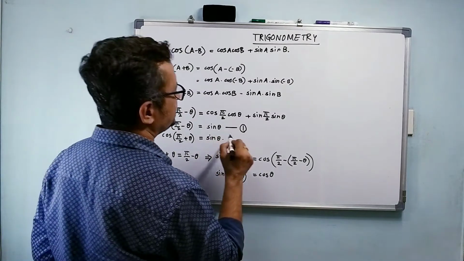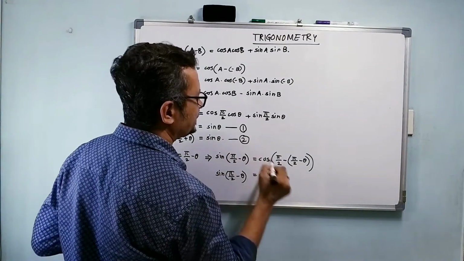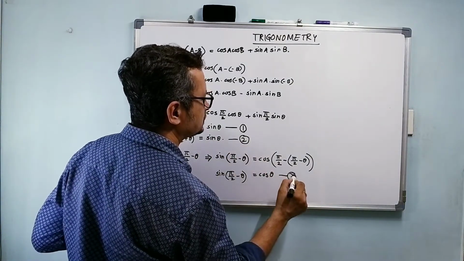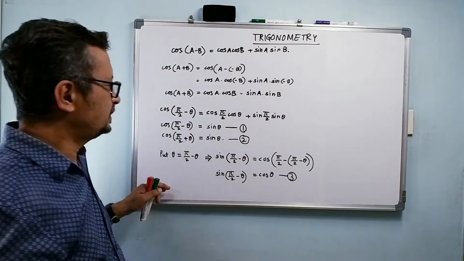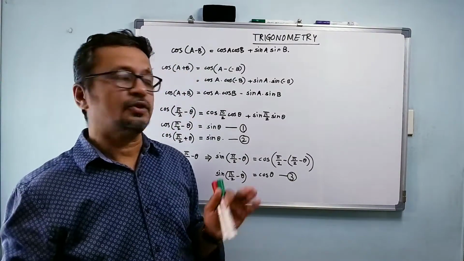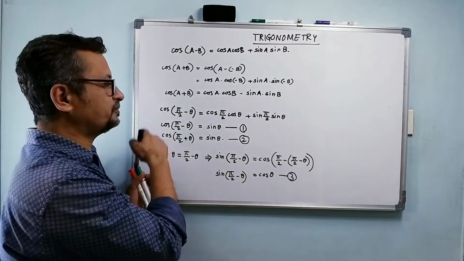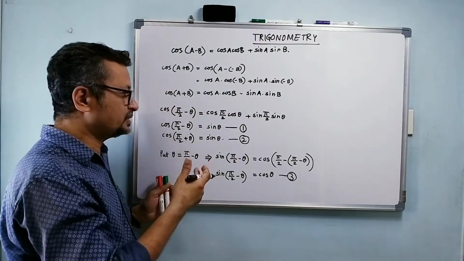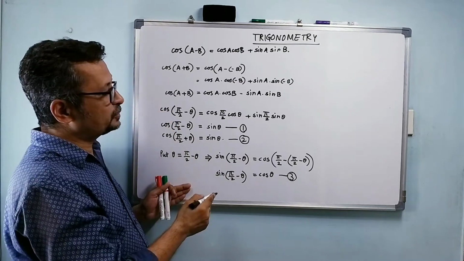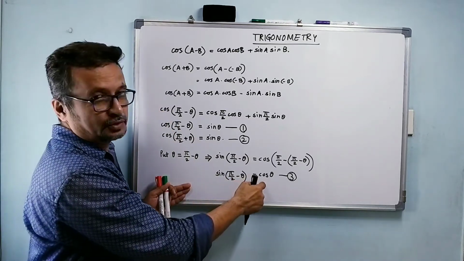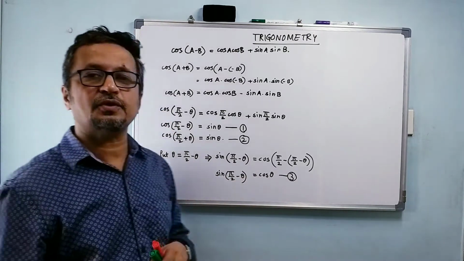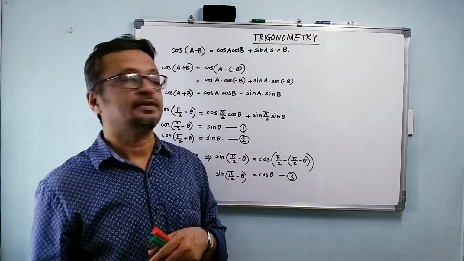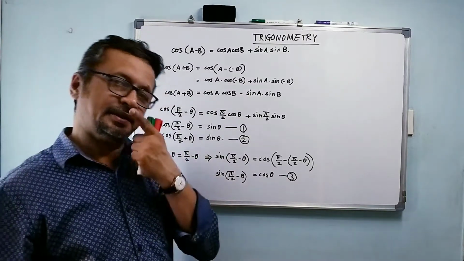So I have expressions 1, 2 and 3 here. These are some shortcuts that you might use. Cos of pi by 2 minus theta is sin theta, cos of pi by 2 plus theta is equal to sin theta, sine of pi by 2 minus theta is equal to cos theta. Now suppose you want to find sine of pi by 2 plus theta.